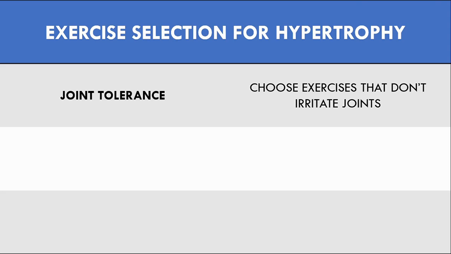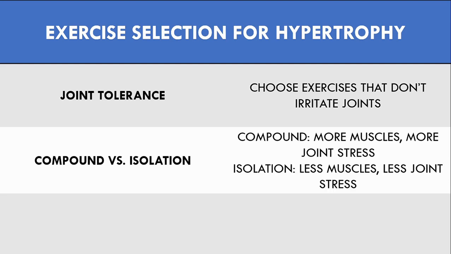The next consideration is compound versus isolation exercises. Although it probably doesn't matter to any significant degree as to whether all of your volume comes from either compound or isolation exercises, it may still be best to perform a combination of the two. This is because performing all compound lifts may increase the risk of joint injury since much heavier loads are used.